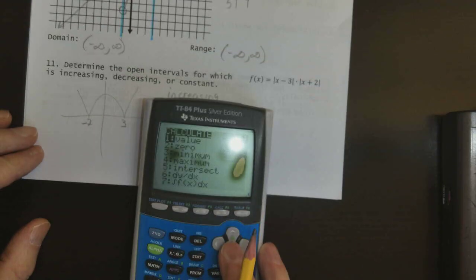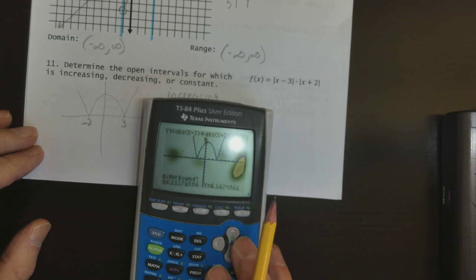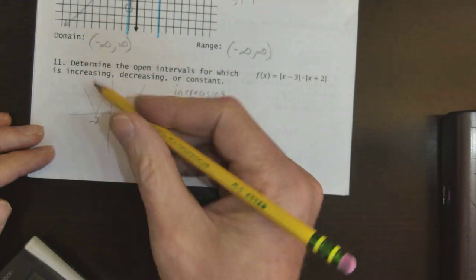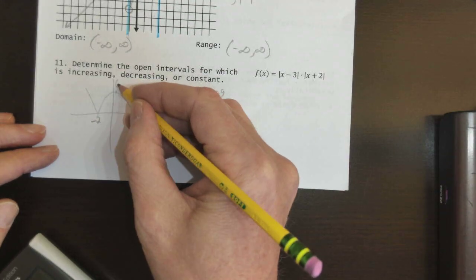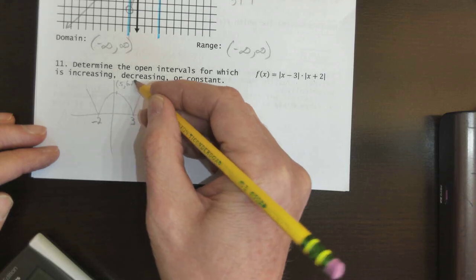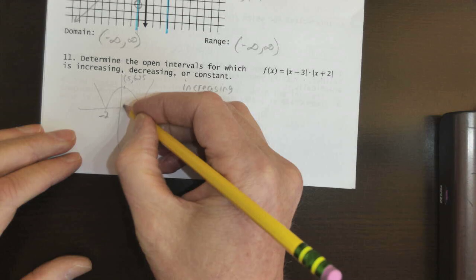I really want to know what that max is, so I'll use that as my left bound, and I'll go over here to the right bound. I'm going to go 0.5. This is 0.5, 6.25 is the peak right there.